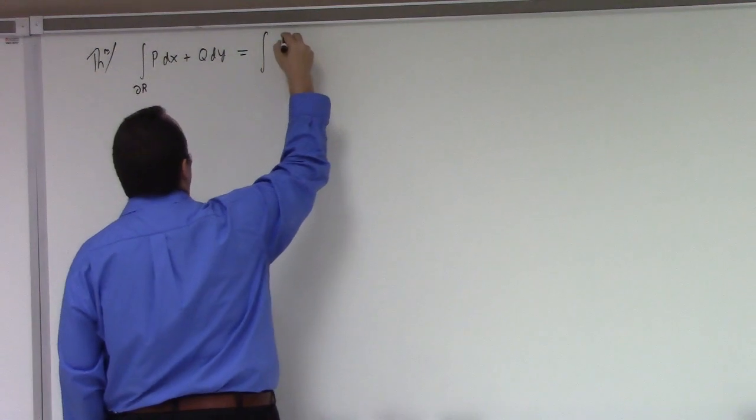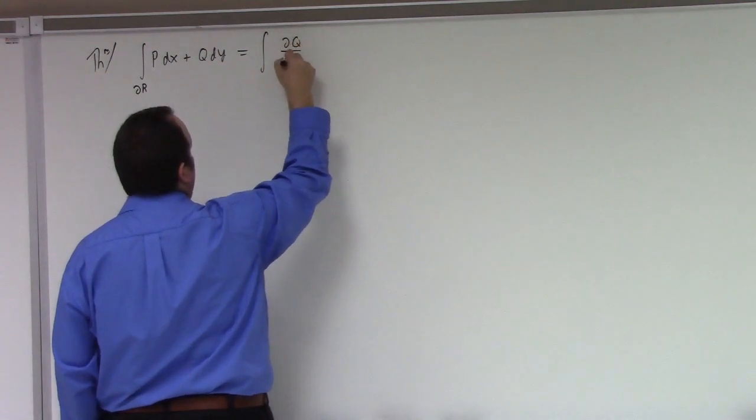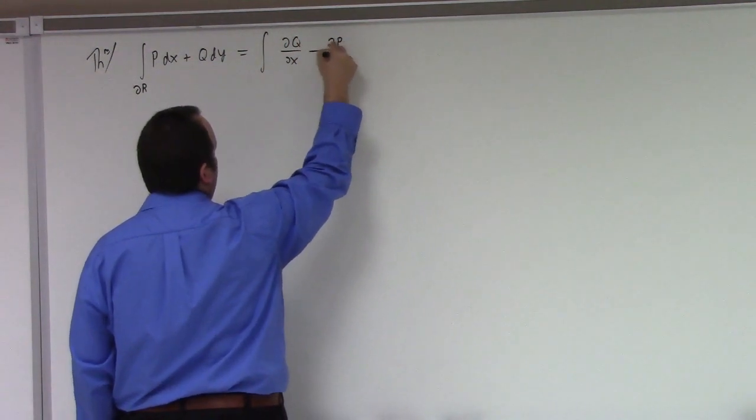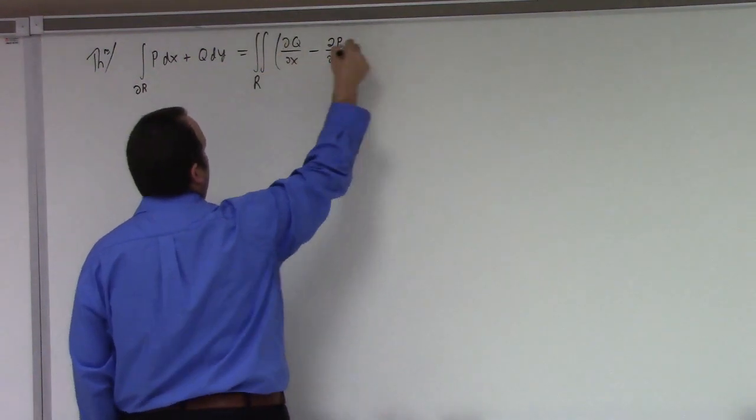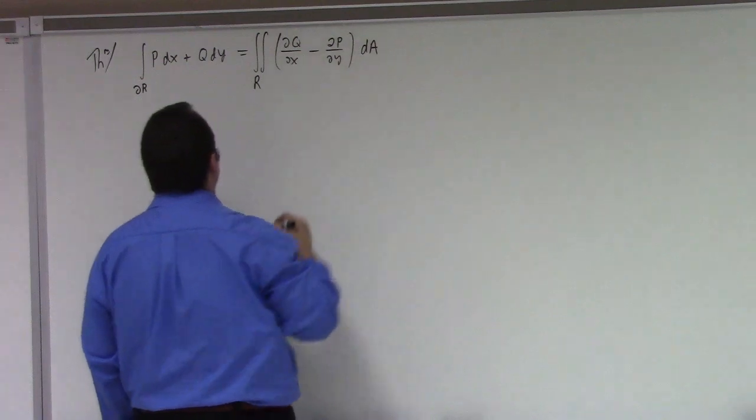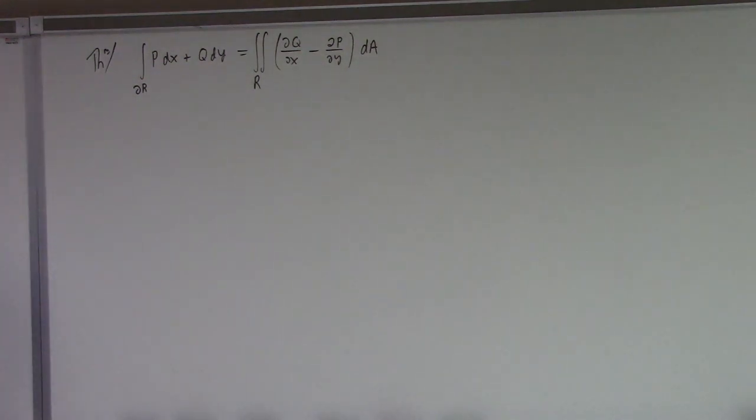The double integral over the region of partial q partial x minus partial p partial y, dA, yeah? This is Green's theorem, yes? Now, of course, in Calculus 3, we prove this for what? For real valued functions p and q. What I'd like to explain to you is that this is equally true if we look at p and q being complex valued.